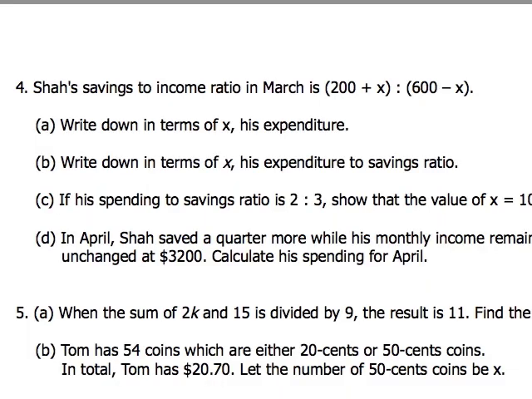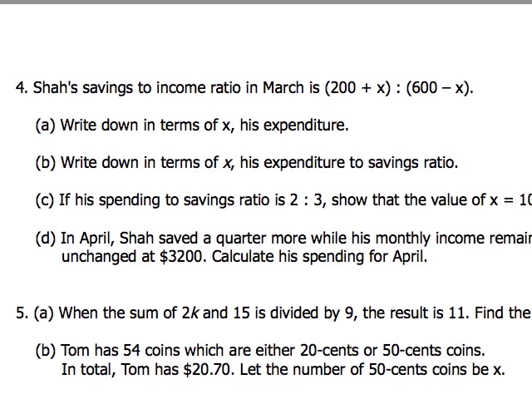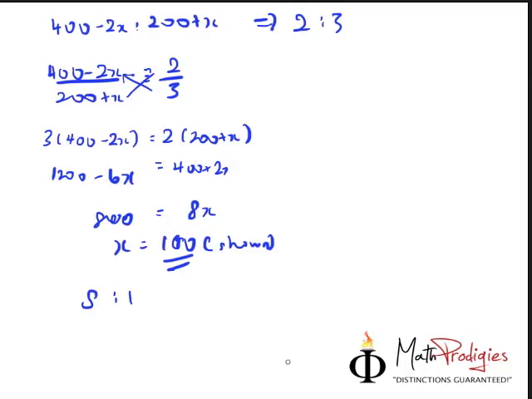Now for part D, it says in April, Shah saved a quarter more while his monthly income remains unchanged at $3,200. Calculate his spending for April. Now that you know x equals 100, what can you do? You know the savings to income ratio is 200 plus x is to 600 minus x.